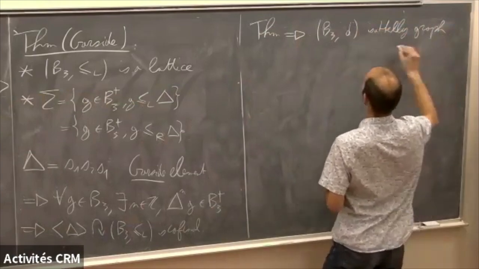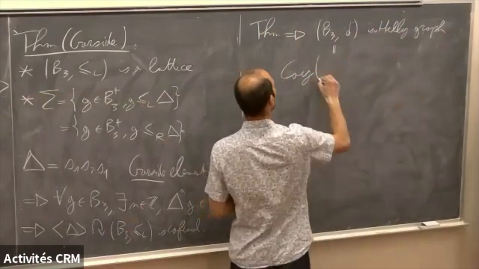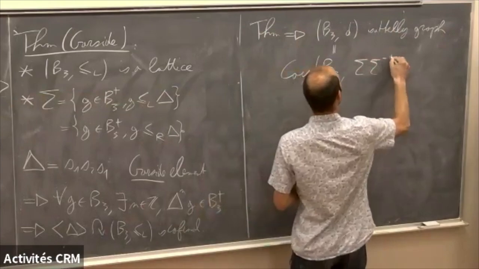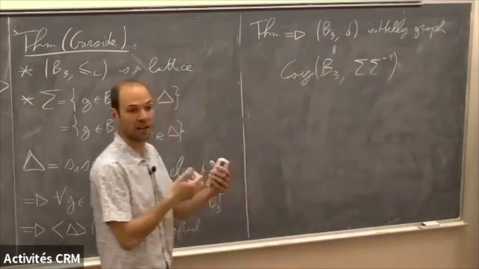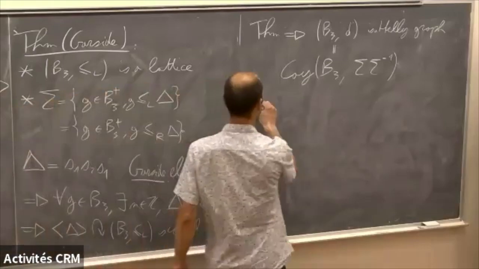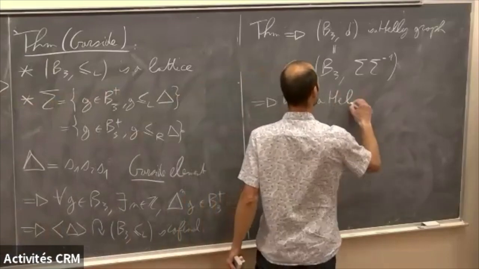But what is this? This can be made much more explicit. Here, it's just the Helly graph of B3 with respect to this finite generating set. So as a consequence, we see that B3 is a Helly group.